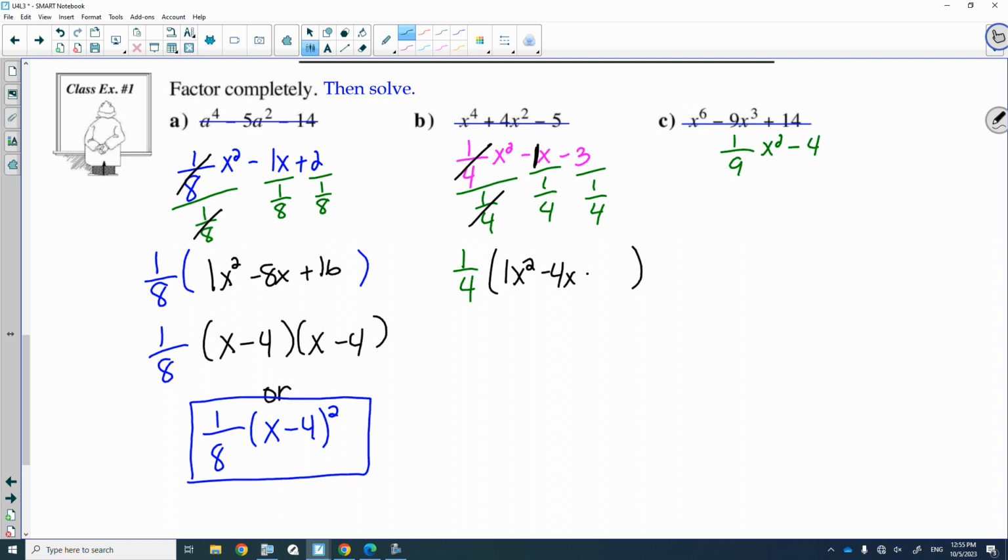X minus -3 divided by 1/4. Benita, what would that be? -12. Okay, so don't forget in your final answer to have that fraction because that's the GCF. So set up your, this is a PSA 1, so set up your 2 brackets.